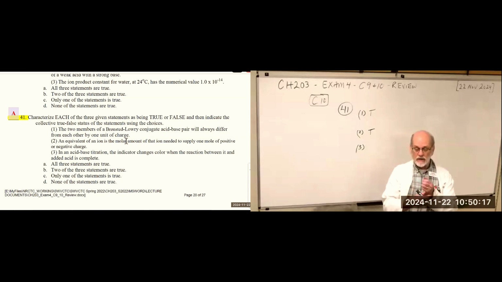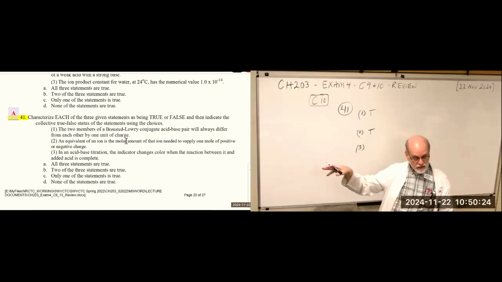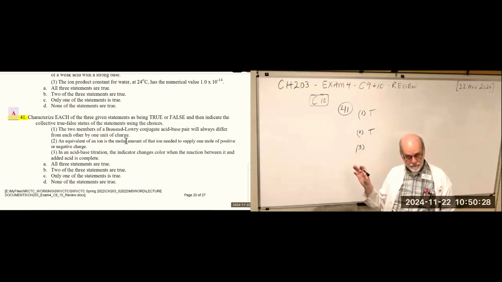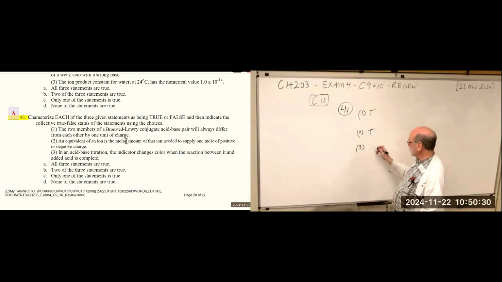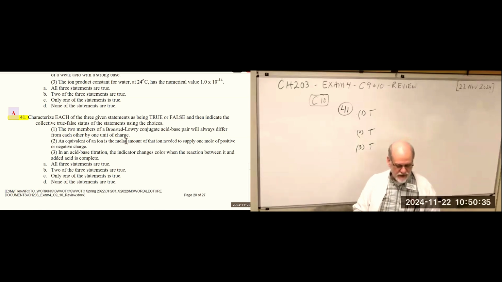But it centers on the balance between the acidic form or protonated form of the indicator and the non-protonated form of the indicator. Yeah, so 3 with qualifications is true. So we can say all 3 are true.